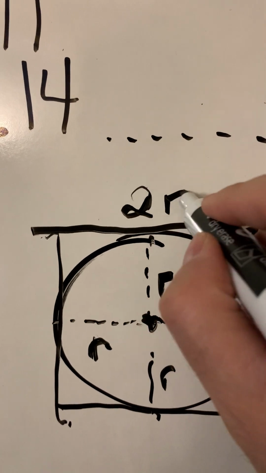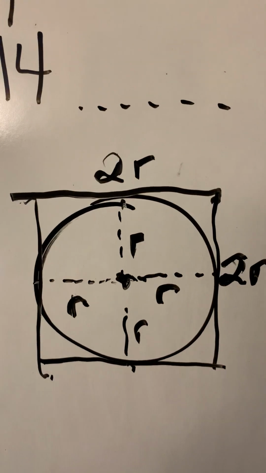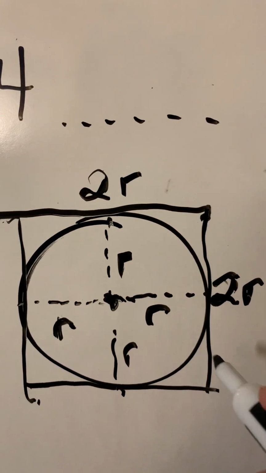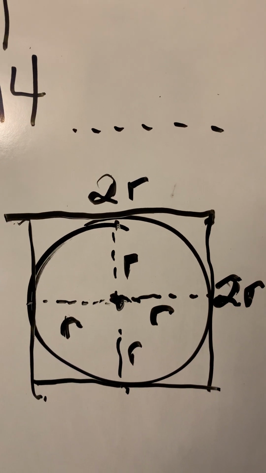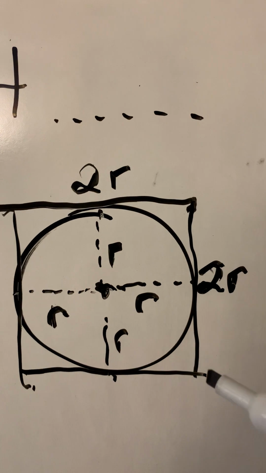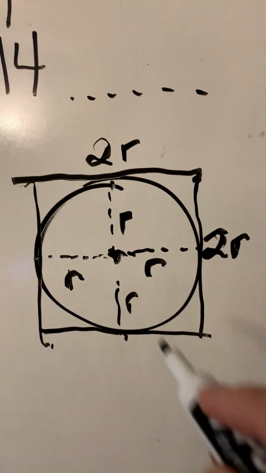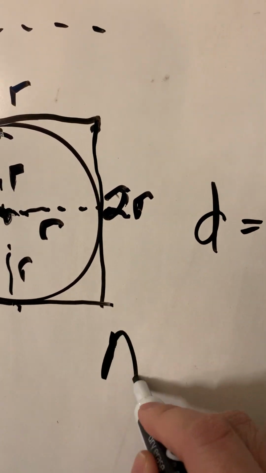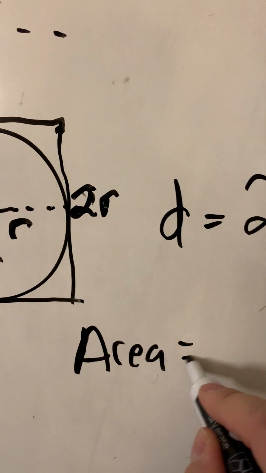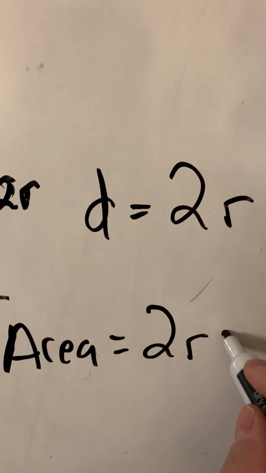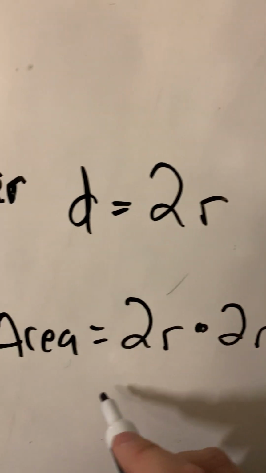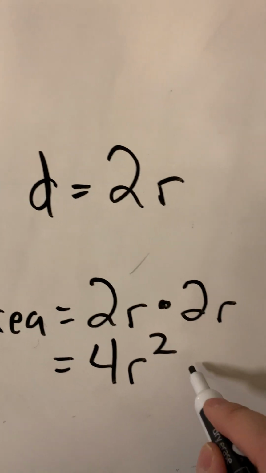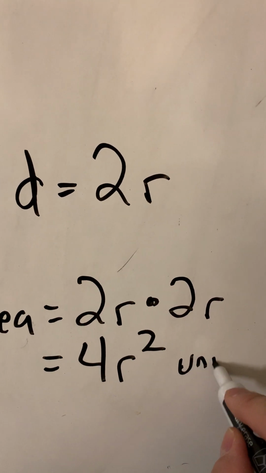And you know the formula for a square is length times width, which in this case, the length and width are the same. So the area of this square is equal to 2r times 2r, which equals 4r squared, units squared.